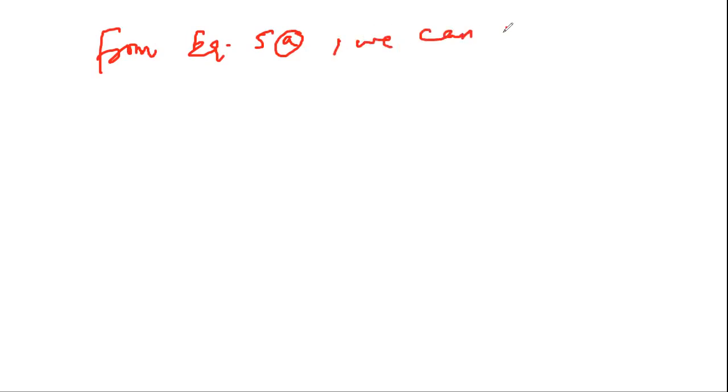From equation 5a, we can write chi equal to n naught mu square by kT.